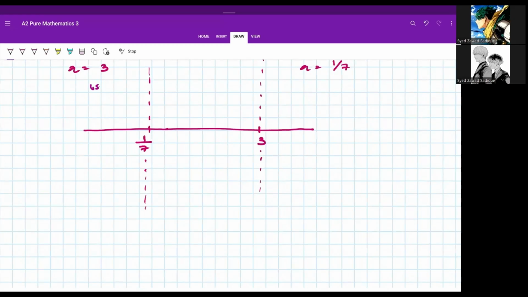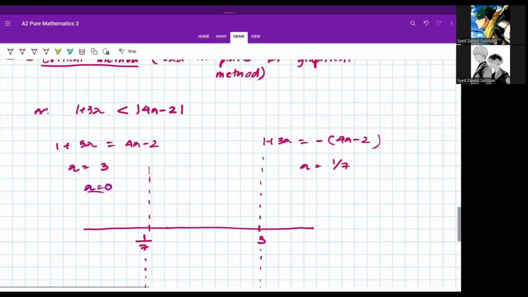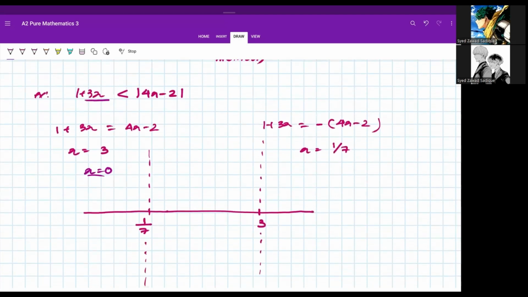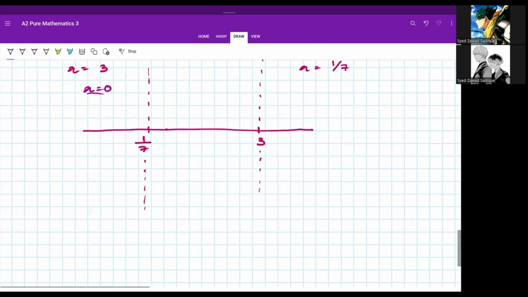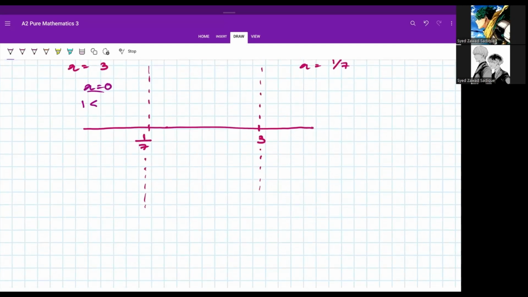So let's say x is equal to 0. Then we have to put this value in this equation. So it becomes 1 less than modulus of minus 2.